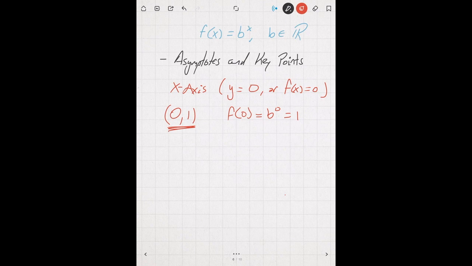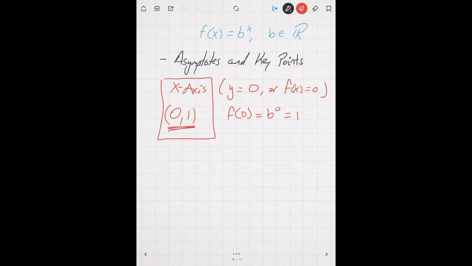Okay, that makes sense, because anytime I take any number, whatever number I plug in for b, anytime I take it to the 0 power, it's always going to be a 1. Okay, that makes sense. So we have this situation. Here's our special asymptote, the x-axis, and here's our special key point. We always have this y-intercept here of 0, 1.